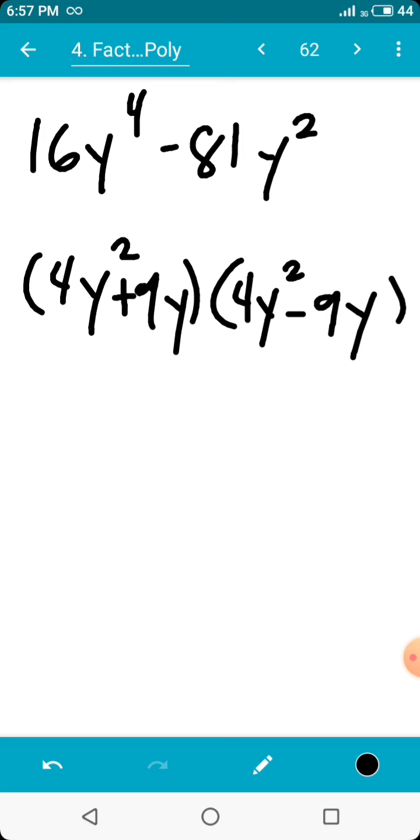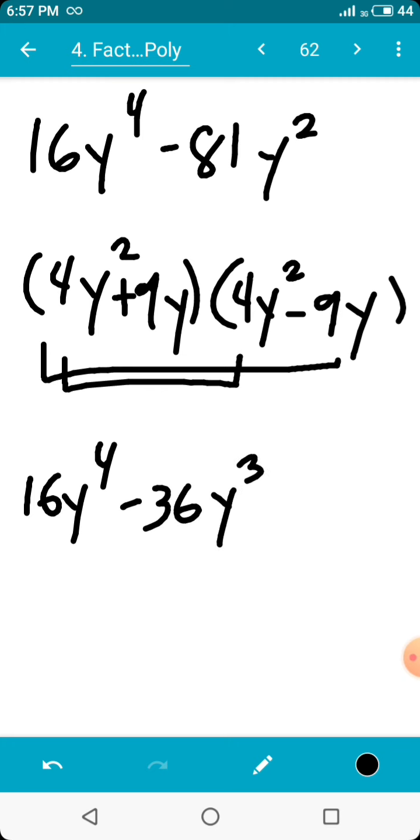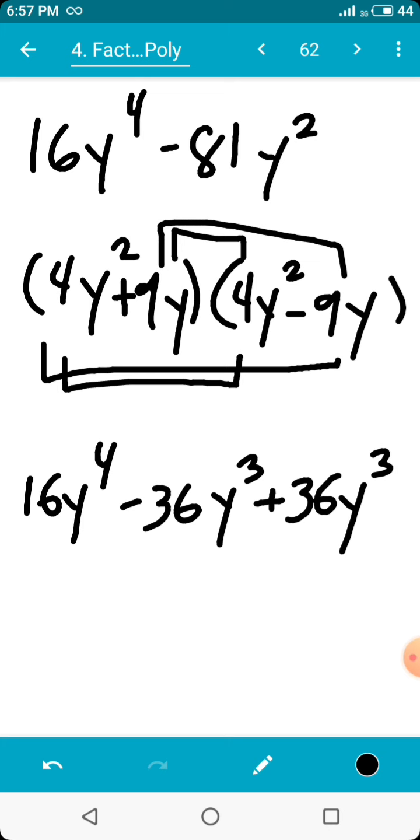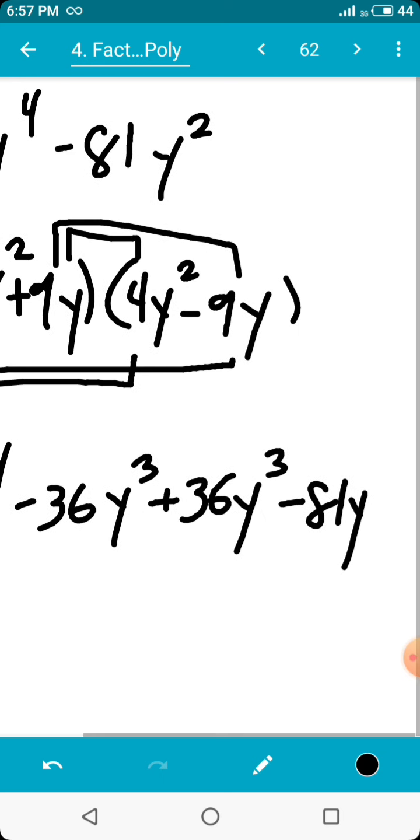Using FOIL method. So, 4y squared times 4y squared, so that is 16y raised to 4. 4y squared times negative 9y, that is negative 36y cubed. And then, 9y times 4y squared, so that is positive 36y cubed. And then 9y times negative 9y, that is negative 81y squared.